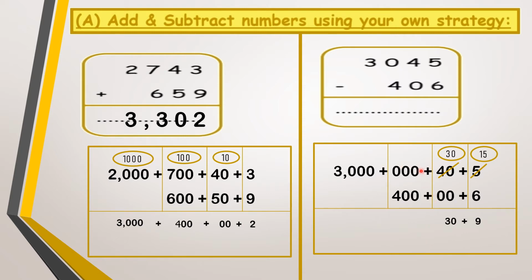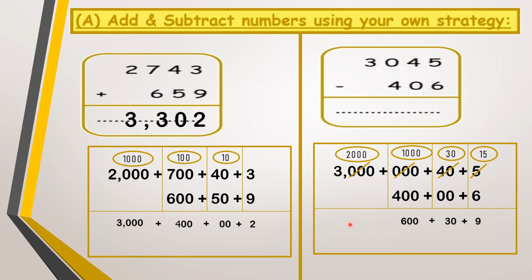Now I have nothing here in 100 minus 400. So I can't take away 400 from nothing. So I will borrow 1000 from here. So this would be 2000 and this will be 1000. 1000 minus 400 equals 600. Now it's not 3000, now it's 2000.